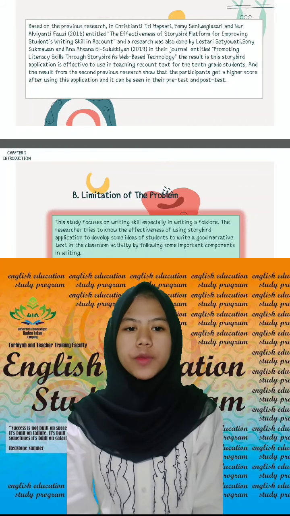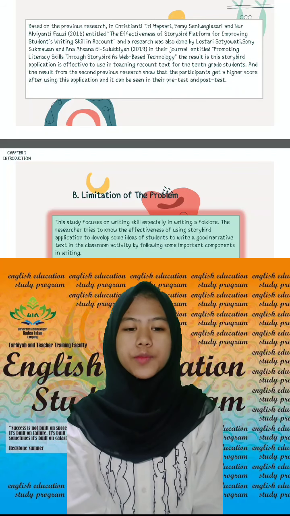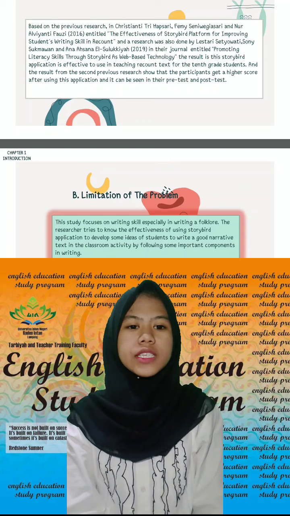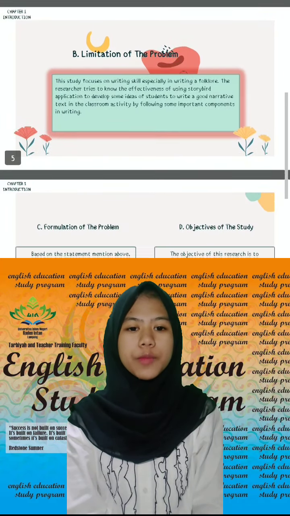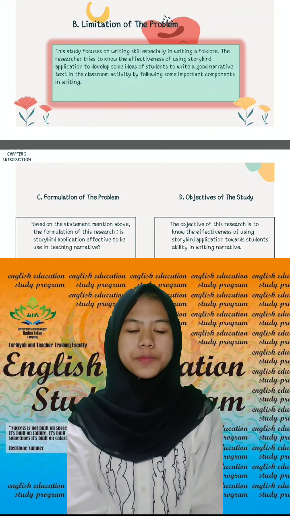The limitation of the problem. This study focused on writing skill, especially in writing a folklore in narrative text. The researcher tries to know the effectiveness of using Storybird application to develop some ideas of the students to write a good narrative text in the classroom activity by following some important components in writing.